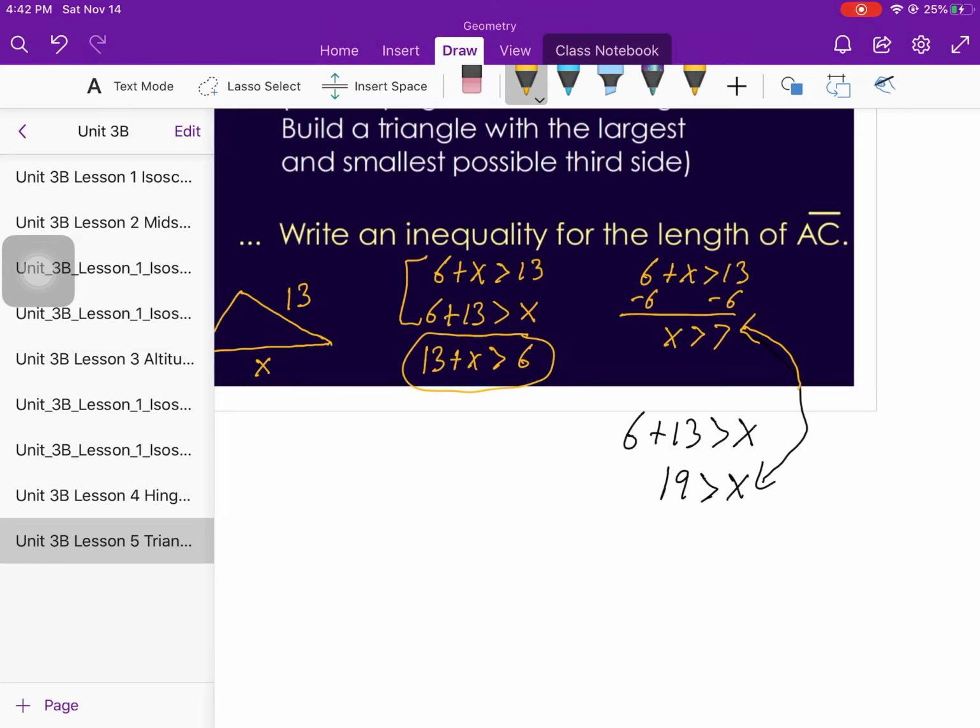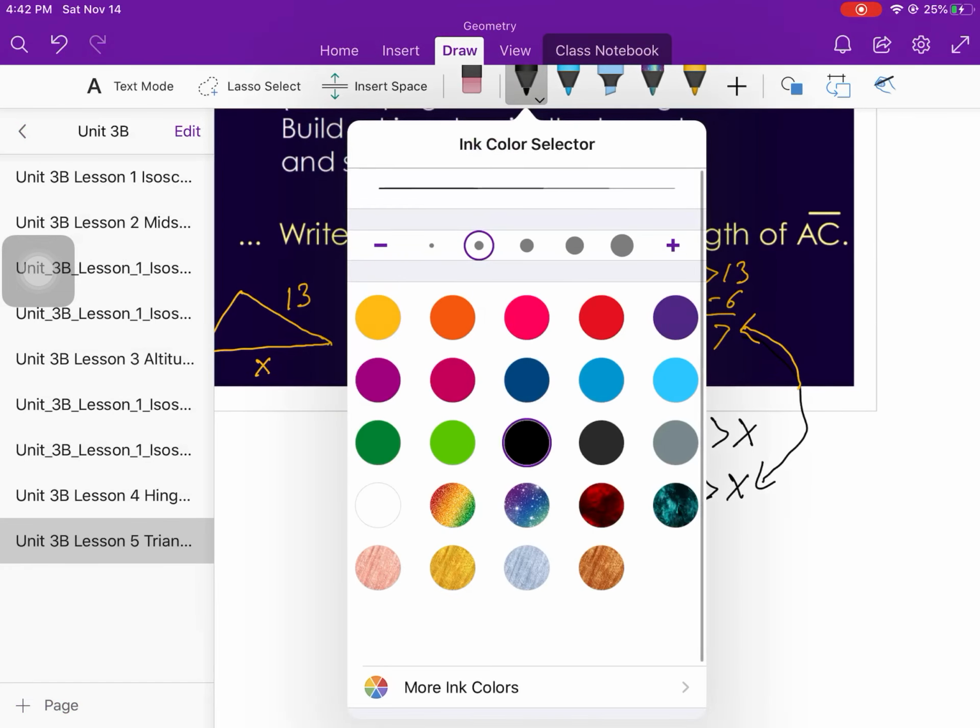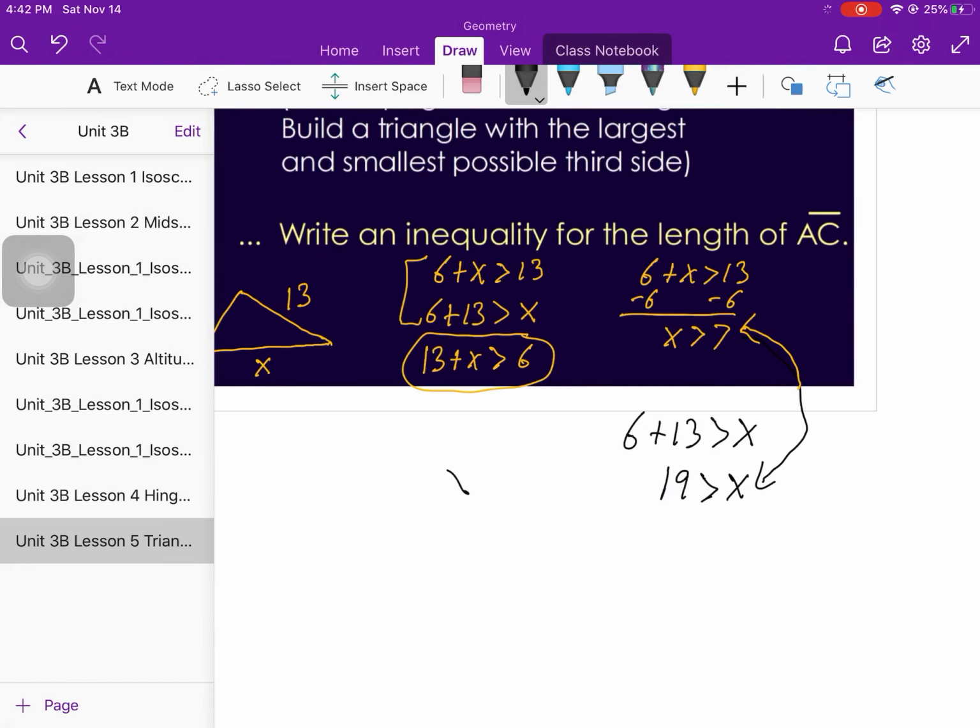How we write that is like this. Sorry, I keep changing back and forth. You put x in the middle. You know that 19 is the biggest number possible, and you know that 7 is the smallest number possible. So x has to be greater than 7, but smaller than 19. So this is how we can write it.